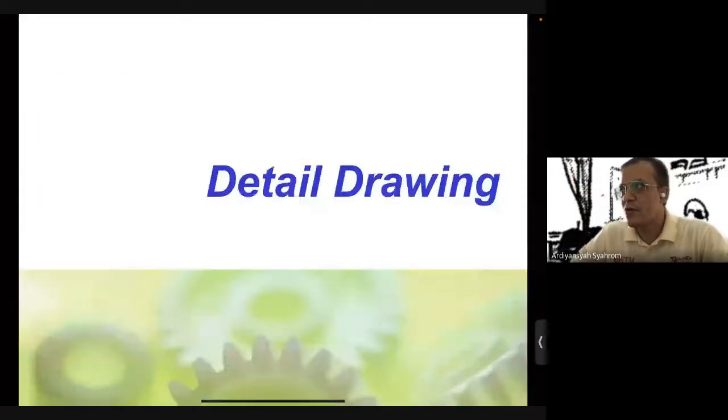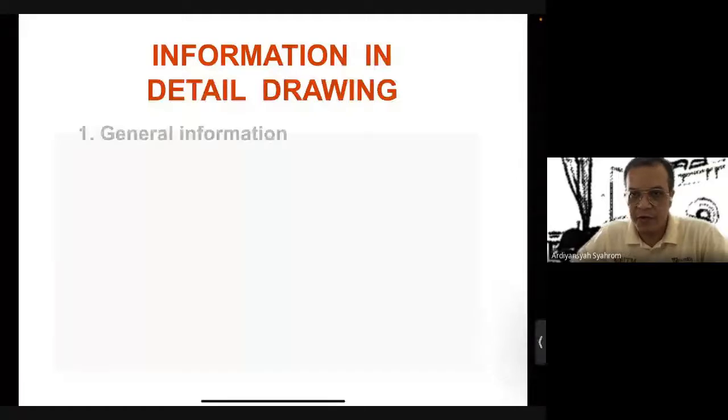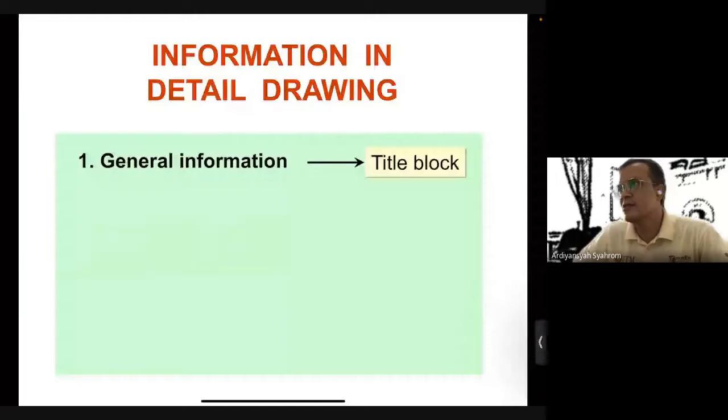We go to detailed drawing. Information in detailed drawing. First, general information, which is the title block.